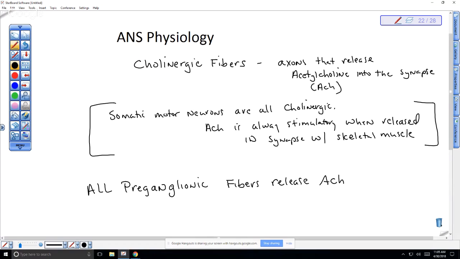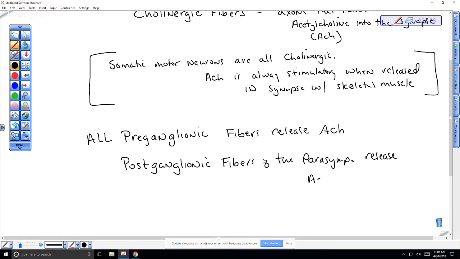The postganglionic neurons, the fibers depend. So in the parasympathetic nervous system, the postganglionic fibers release ACH.